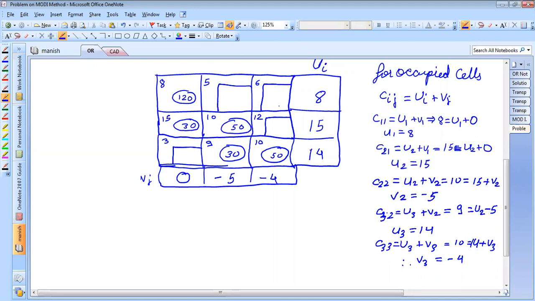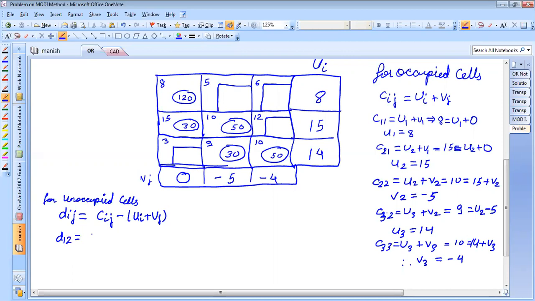At this point, we will be calculating Dij values. Dij will be calculated for unoccupied cells. For unoccupied cells, Dij is equal to Cij minus of Ui plus Vj. So the first value will be D12.